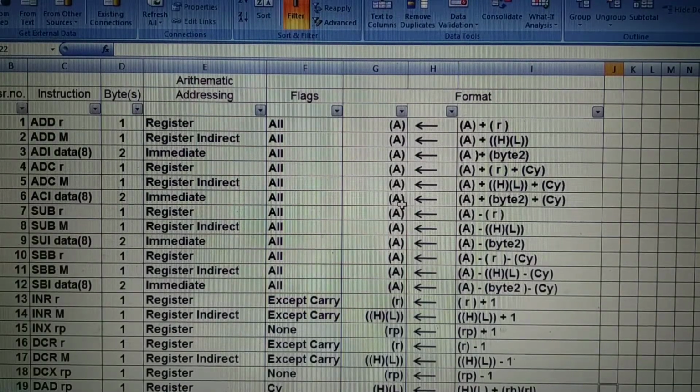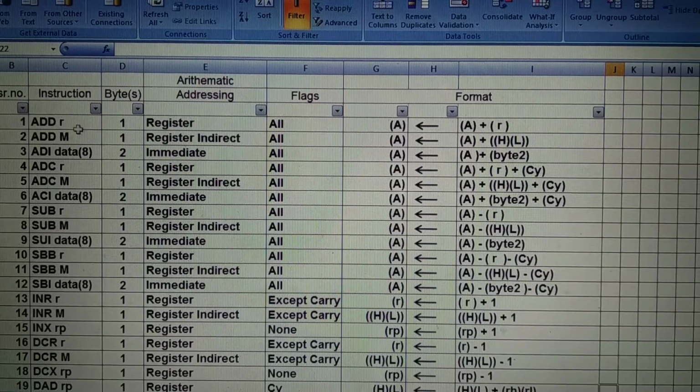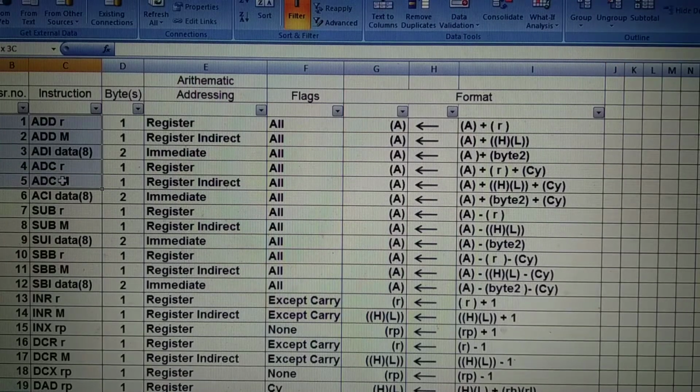In general, we are having 20 instructions in this arithmetic group. All the instructions are with you on your screen and they are summarized. Remember one thing, for add type of instructions we are having total 6 add instructions here.